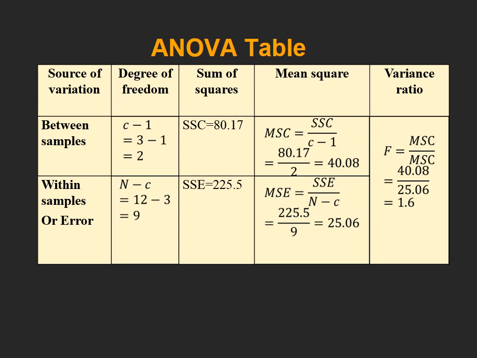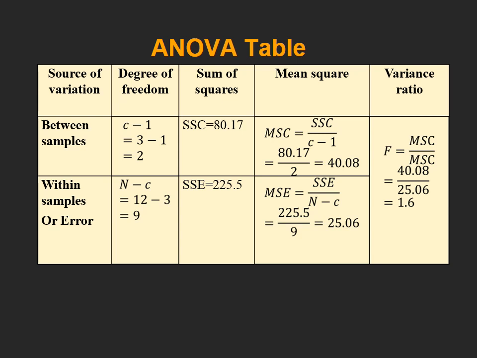To calculate the mean sum of squares, we divide SSC by the number of columns minus 1, the degree of freedom, so we get 40.08. In the same way, within samples, the degree of freedom is total count n minus number of columns, which is 9, and the SSE is 225.5. To calculate the mean sum of squares, divide SSE by n minus c, and it gives 25.06.